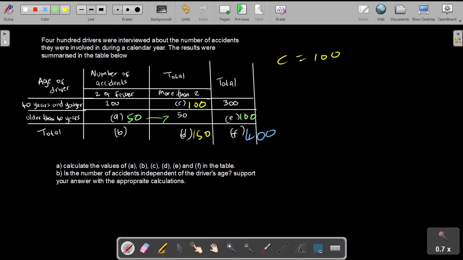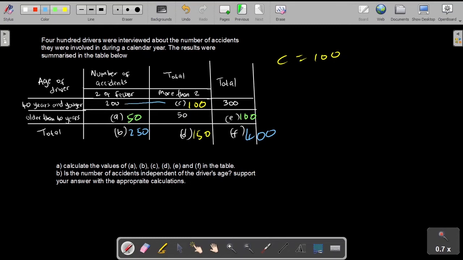So 50 and 50 add up to that value over there. And now if you look at this column, we now have two values, and we can add those up to find the value below, which should be 250. And if you check, everything now adds up. We now have all the values that we're supposed to fill in.